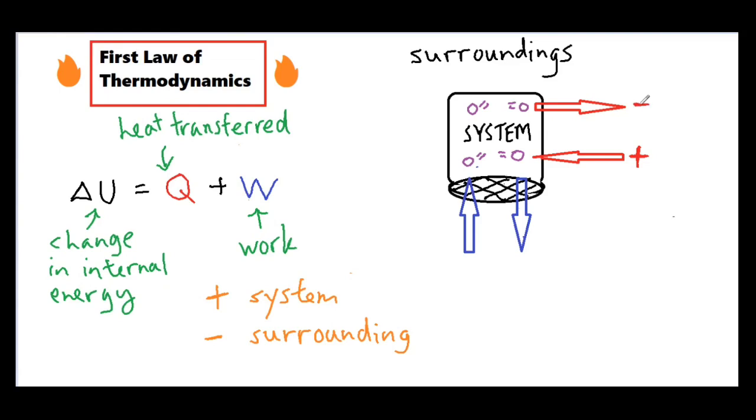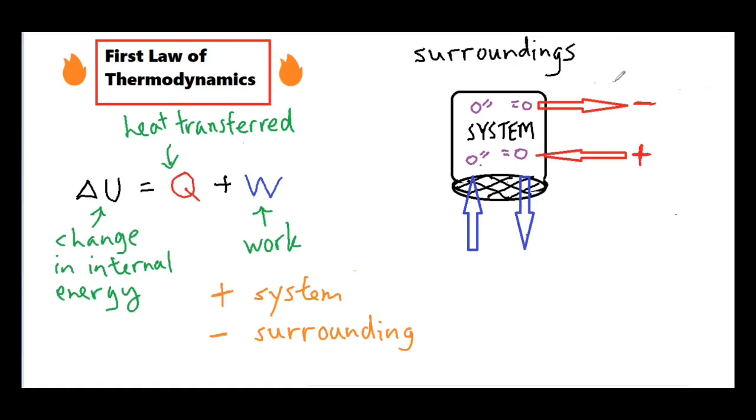If heat is being released, that is going to be negative. This one would be known as exothermic because the heat is being released, and then this would be considered endothermic because the heat is being absorbed by the system.